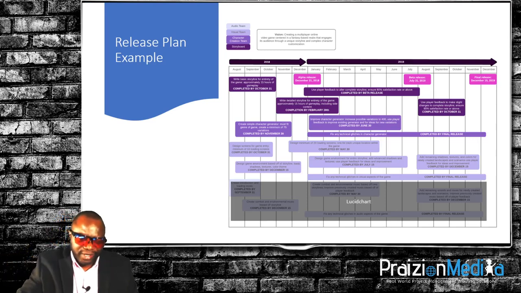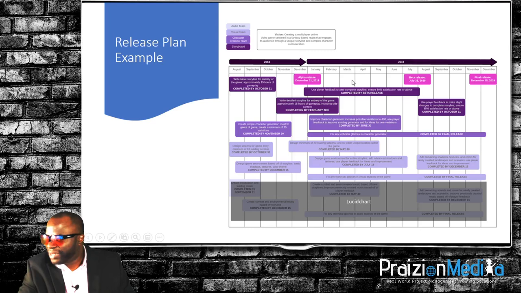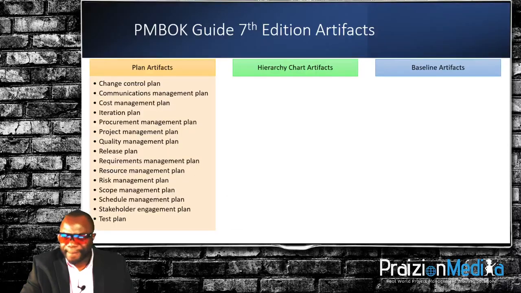That's why it's called a release plan. It says, this plan sets expectations for the dates, features, and or outcomes expected to be delivered over the course of multiple iterations. So you can see over the course of different iterations over several years, alpha release, beta release, final release, and so on and so forth. All right, let's go back.